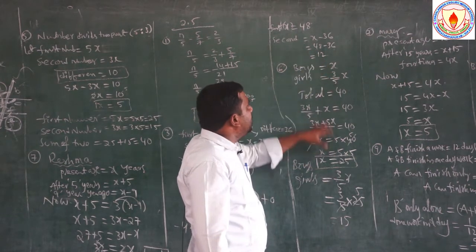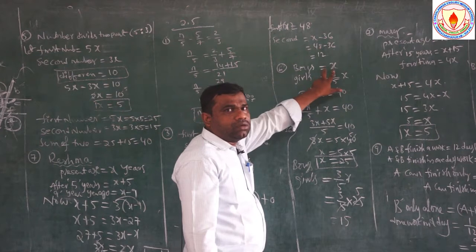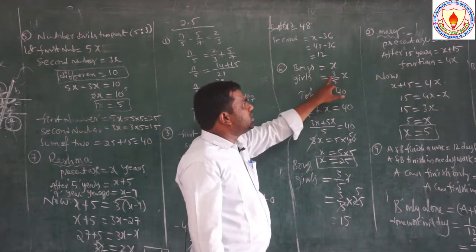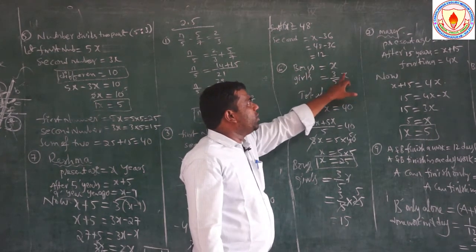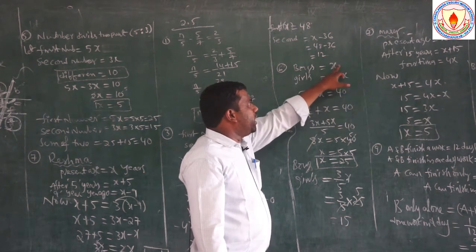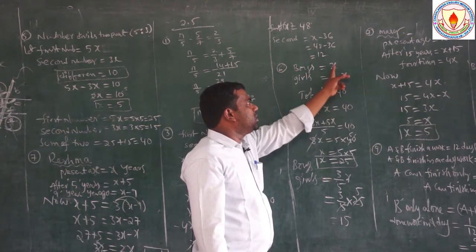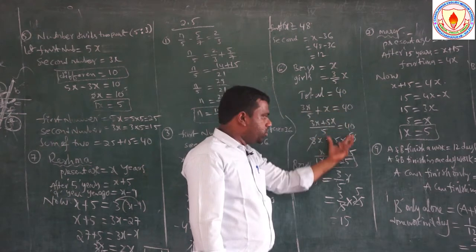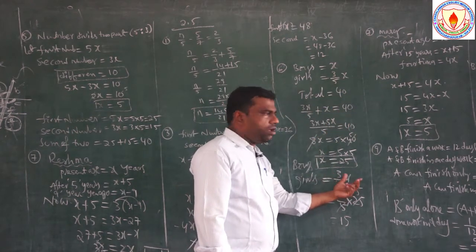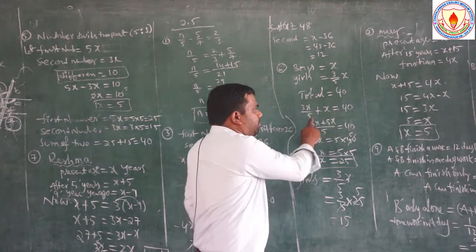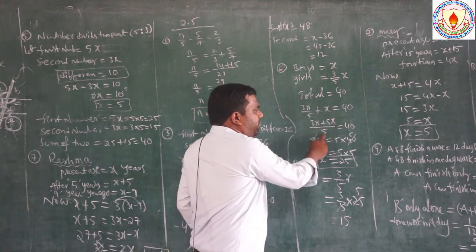In the same manner, the sixth problem: boys x, girls 3 by 5 into x. Why? Because boys and girls total number is 40. So boys plus girls means total 40. We have to do this problem: 3x by 5 plus x is equal to 40. LCM 5, so 5x by 5.